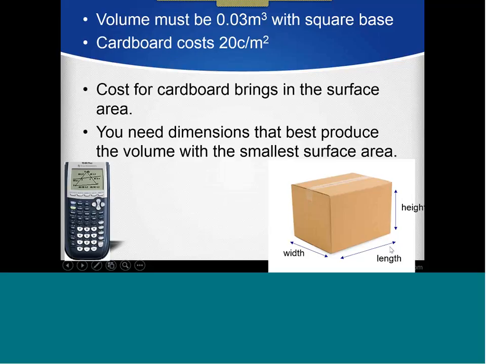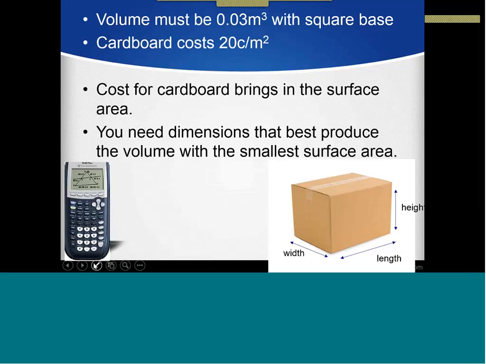So you'd need to set it up with your length and width the same: X for your width, X for your length, and your height can stay as H, with the volume equal to 0.03, and you're rearranging from there. Those are the types of questions that we're able to do.